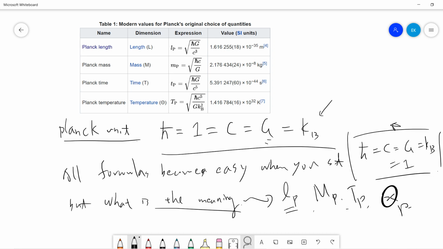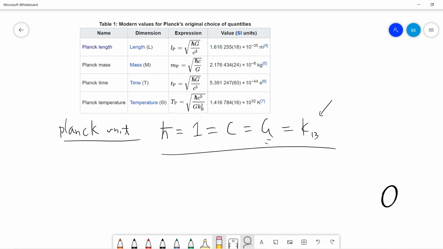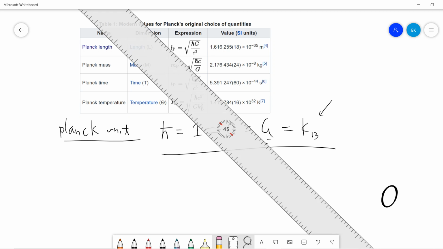There should be a conversion between your original SI units and these Planck units. So Planck units should be viewed as the natural units if you set all of these constants to be 1. This is just the introduction.